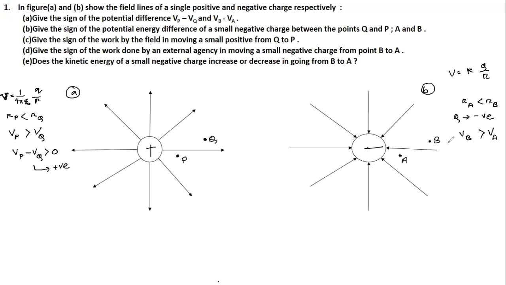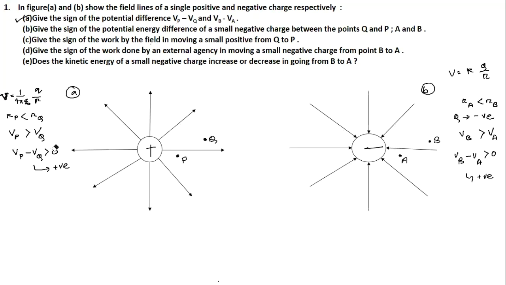That is why point B has greater potential as compared to point A. So when you find the potential difference Vb minus Va, it gives a positive value again. Okay. So in this way, for a given source charge and different points, you find out whether the potential difference is negative or positive. Okay. So this was our first question.